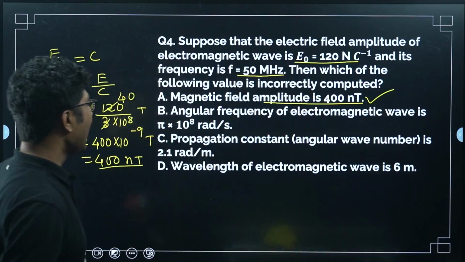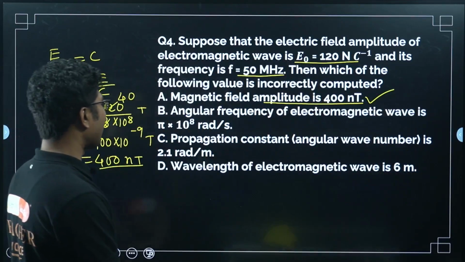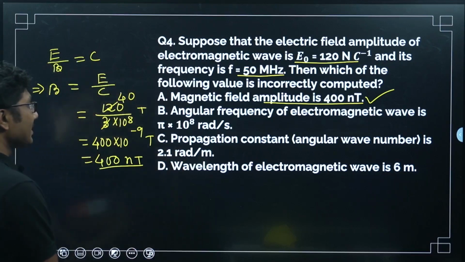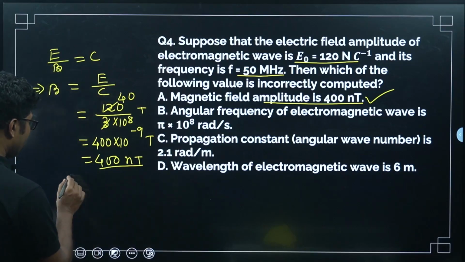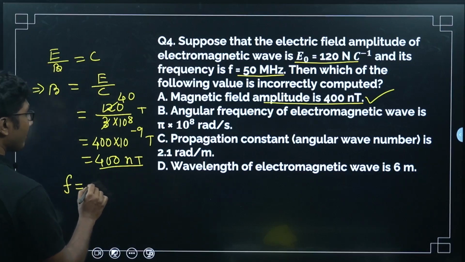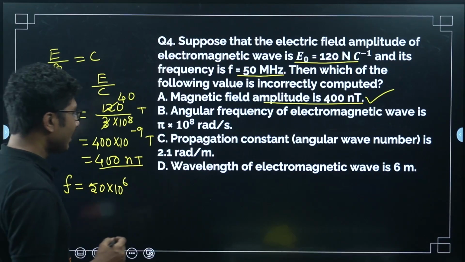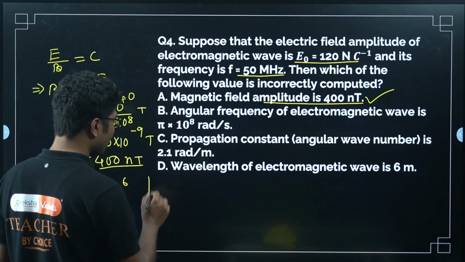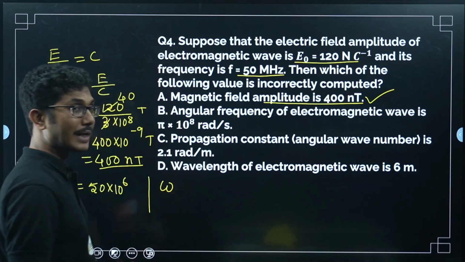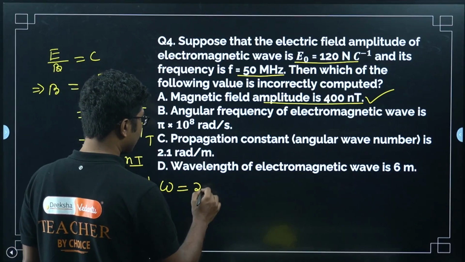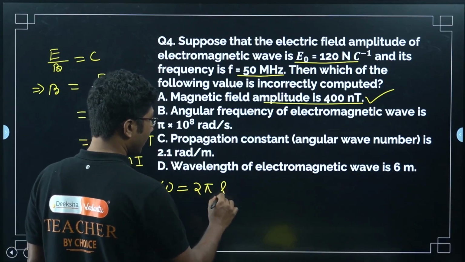This one is correct. The angular frequency of the electromagnetic wave is pi times 10 to the power of 8 radian per second. The frequency is given as 50 megahertz. Mega means 10 to the power of 6. In our previous chapter, AC, we learned the relationship between angular frequency and linear frequency: it is 2 pi f.